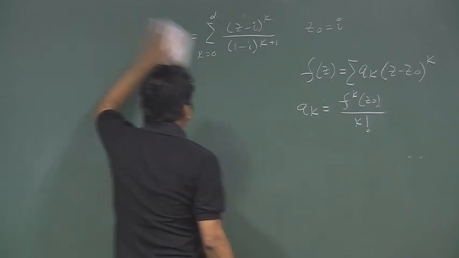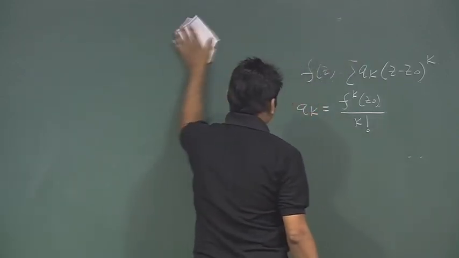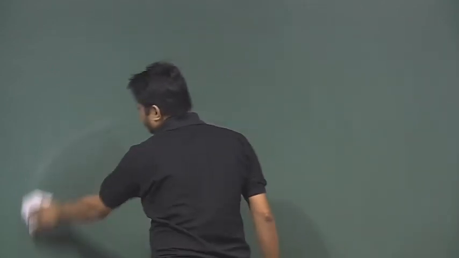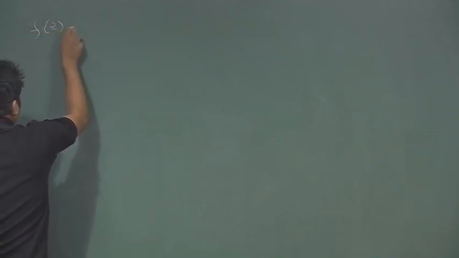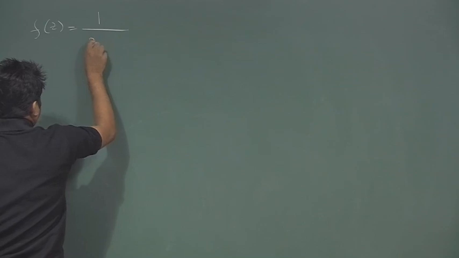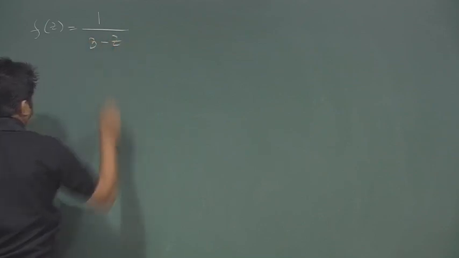Now we go to our next few problems where we need to find the Taylor series expansion and the corresponding Maclaurin series if it exists. Let us take another straightforward example: f(z) equal to 1 divided by 3 minus z.